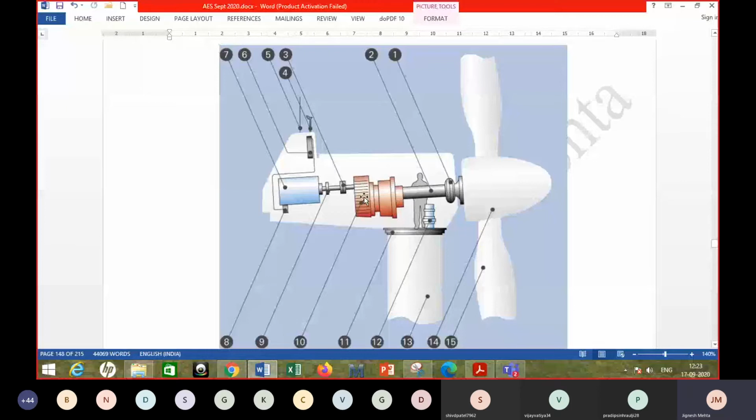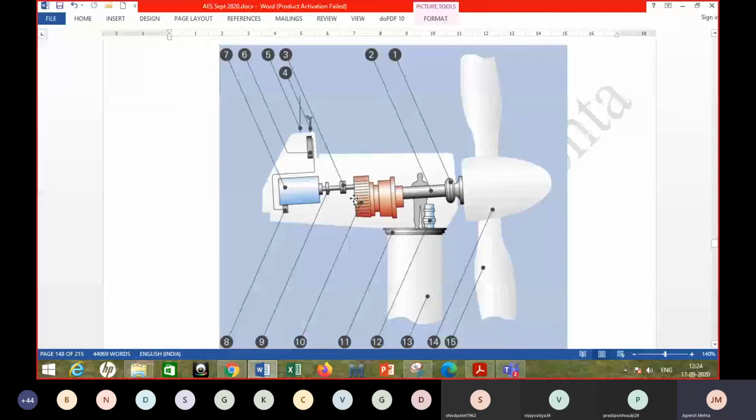So a gearbox would generally be needed. Though in some modern designs with very complicated power electronics, the gearbox can be avoided. But talking about most of the regular designs existing now, there is always a gearbox present to increase the speed of the shaft.